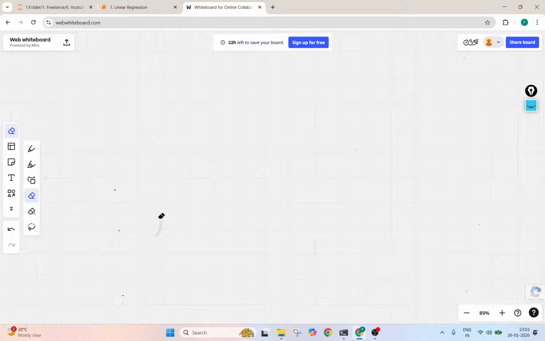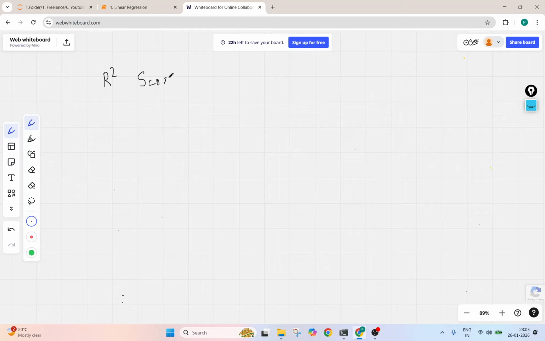Okay. So what next we have is the R2 score, which is a very important metric. Now, what is R2 score? It explains the variability of a model, how much the model varies. It is also called the coefficient of determination.